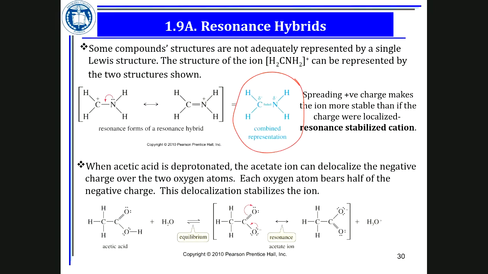That means the bond between carbon and nitrogen is not a definite double bond or single bond, because it goes back and forth. So you can represent it with a dashed line. Sometimes the pair of electrons is on the nitrogen, and other times there is a double bond with the carbon.